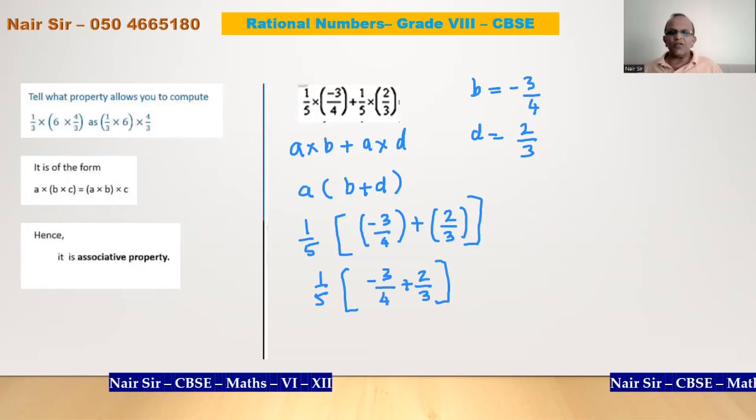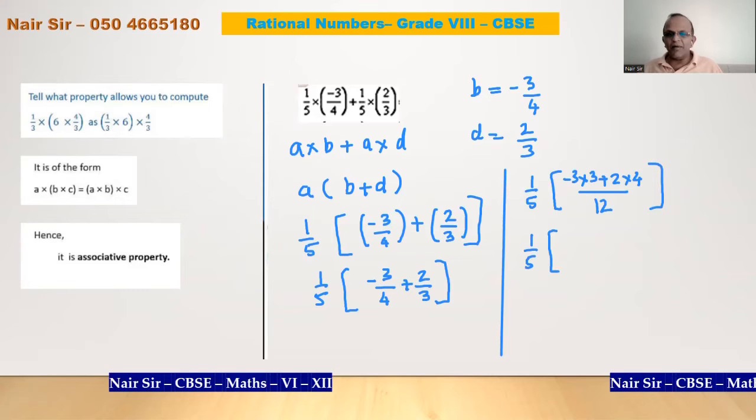And this I can solve further like 1 upon 5 into, underline, 4 3s are 12, cross multiply: minus 3 into 3 plus 2 into 4. 1 upon 5 into minus 9 plus 8 upon 12. And that gives me 1 upon 5 into minus 1 upon 12. And I multiply this further.